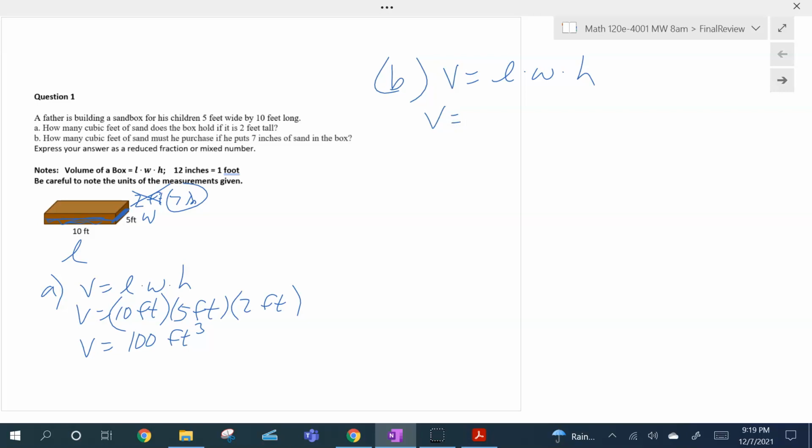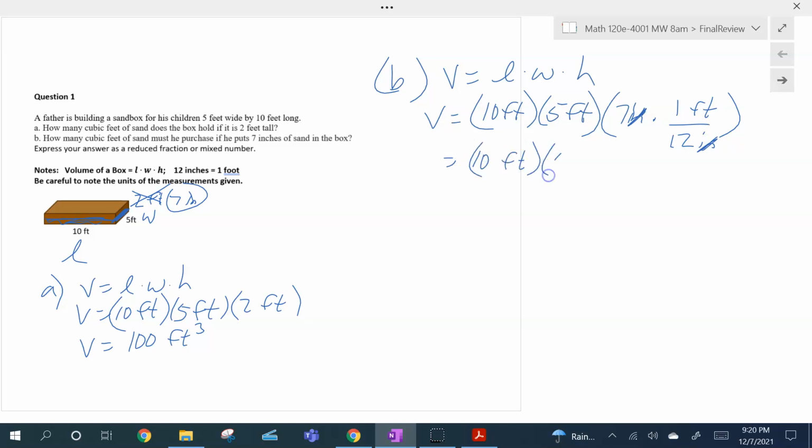We have 10 feet by a width of 5 feet, but then we have to convert this 7 inches to feet. For every foot, there's 12 inches, so notice our inches cancel. So we have 10 feet times 5 feet times 7/12 feet.